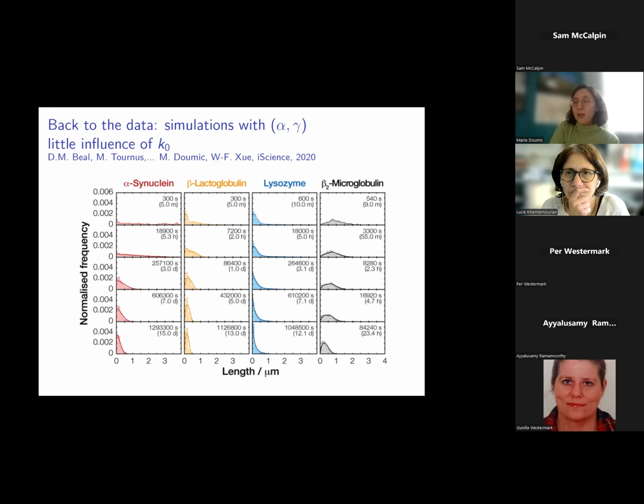So in a sense, part of the data was used to predict the rest. So it really corroborates the fragmentation model, which is also interesting because we know that, and clearly Per Westermark's talk showed it, there is a wide variety of fibril structures. And despite this variety, a very simple model, even if it's simple in the sense that I assume that all the fibrils, given their length, behave similarly, is sufficient to explain this.